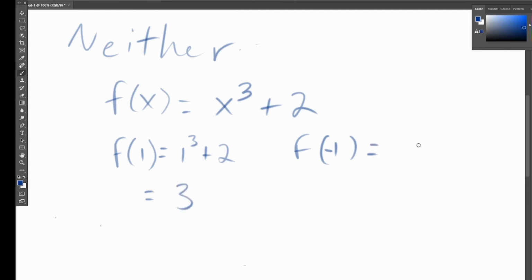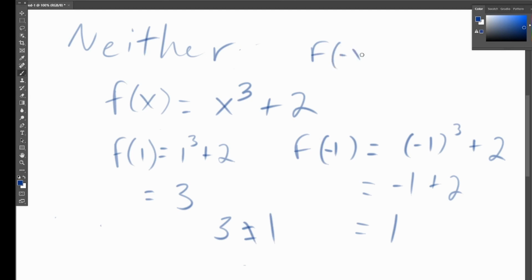And if we do the negative 1, then we'll have the negative 1 cubed plus 2, and that's going to give us negative 1 plus 2, and that's going to give us just 1. So as you can see, 3 does not equal 1, so we would say that f of negative x does not equal a negative f of x or f of x.